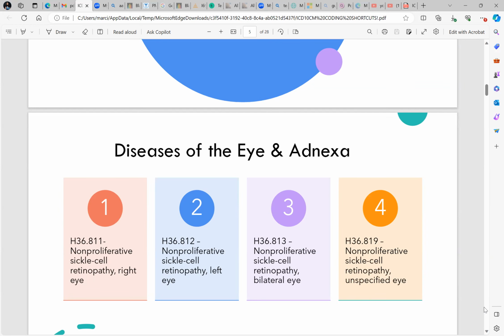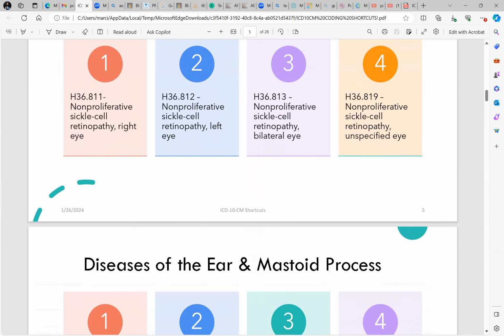Pay attention to that trend. If you go all through your category for the H's, or chapter 7, you will see this trend. Again, 1 for right eye, 2 for left eye, 3 for bilateral eye, and 9 for unspecified eye.